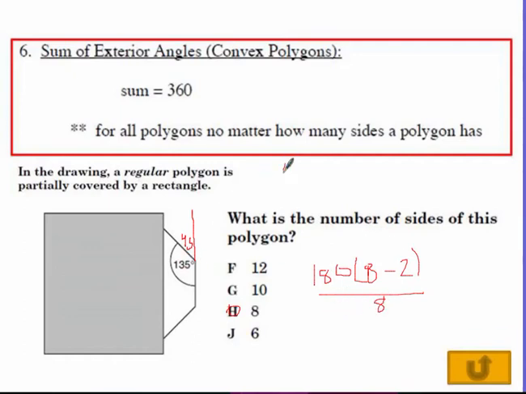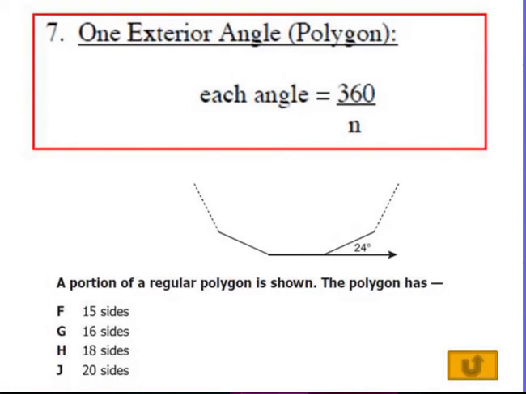The 360 over n gives you one exterior angle. So again, the one exterior angle formula is 360 over n, and that only works for regular polygons. If I know the exterior angle, I just do 360 divided by 24, and that gives you 15.